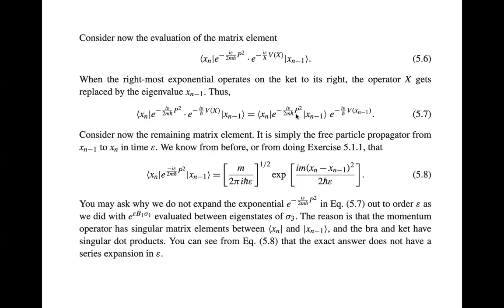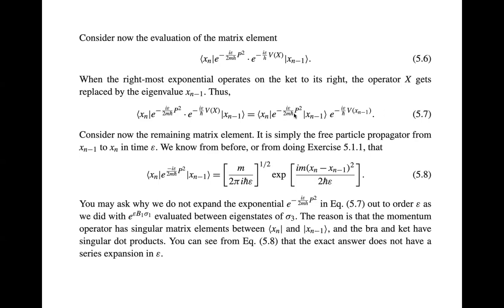Is that clear? This is the most difficult part. We need to evaluate the matrix element of exponential i epsilon over 2m h bar p squared with respect to two position eigenstates. So these are eigenstates of position, but we are evaluating momentum, right?